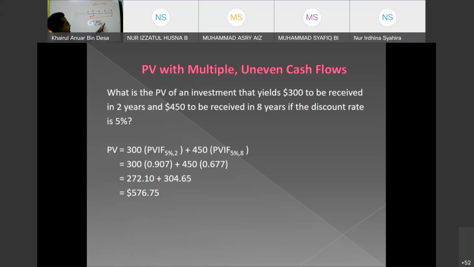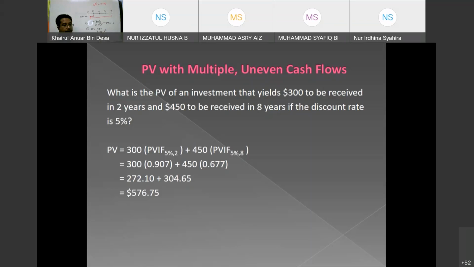So kita akan dapat di sini berapa? 272.10. Inilah 272.10. Yang kedua, 8 tahun. 450 received in 8 years. Discount rate 5%. Ini number 1. Number 2, PV 450 divided by 1.05 power of 8.